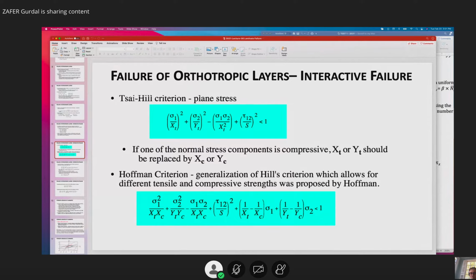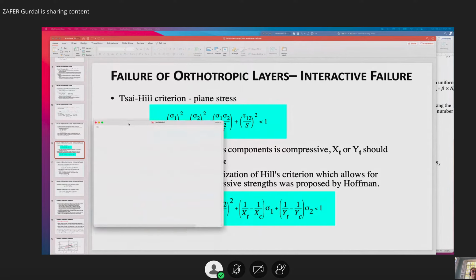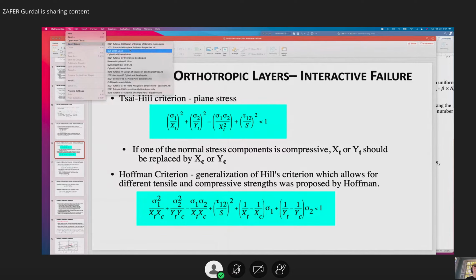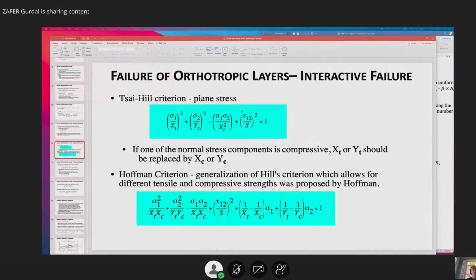So let me open that file and show you what I mean. Mathematica, open recently. All right.